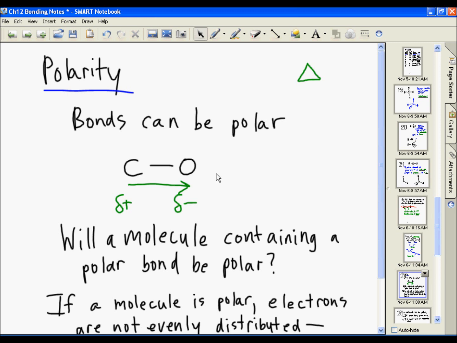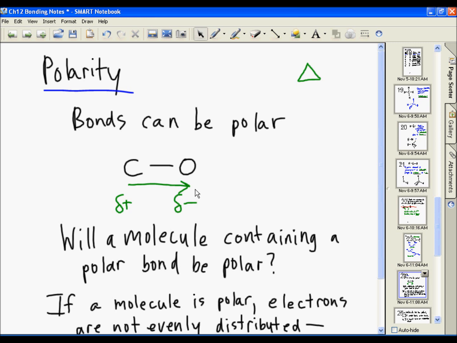So if you were to look up the electronegativities in the periodic table for both carbon and oxygen, you would find that oxygen has a higher electronegativity than carbon. What that means is that the electrons will be attracted to the oxygen more than to the carbon, which will make the bond polar. So I've represented this as an arrow.